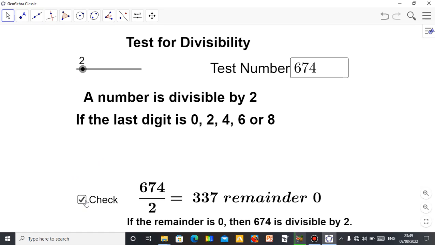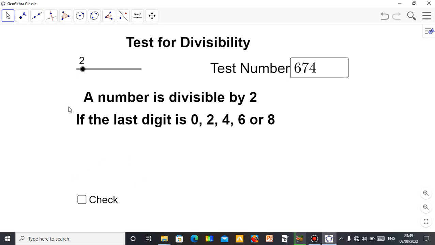Let me clear the check. Now, how do you know if a number is divisible by 2? A number is divisible by 2 if the last digit is 0, 2, 4, 6, or 8. The example I have here is 674. This number is divisible by 2 because it ends with 4.